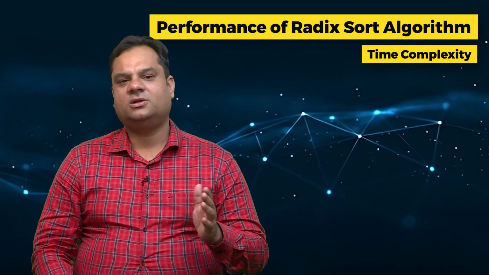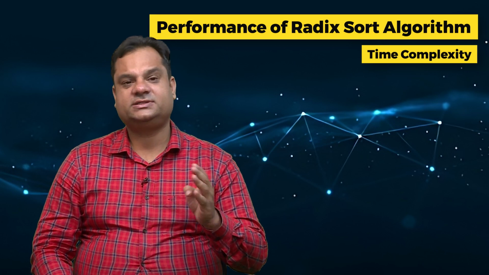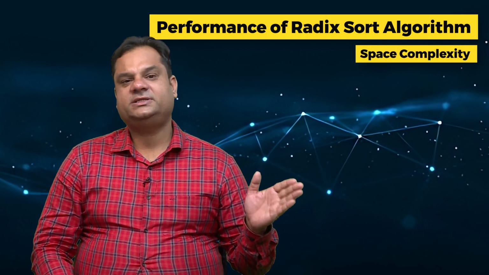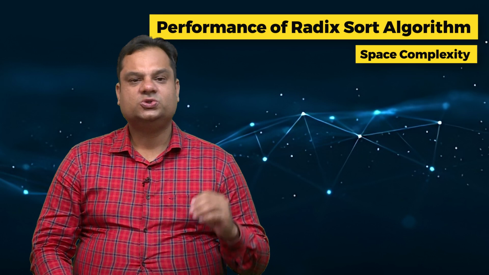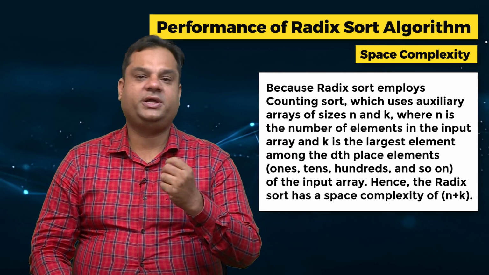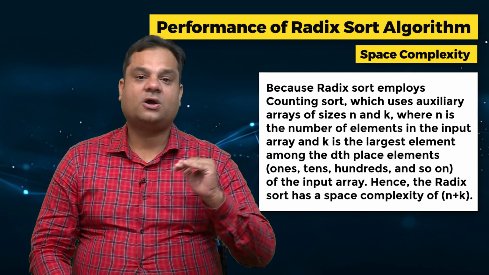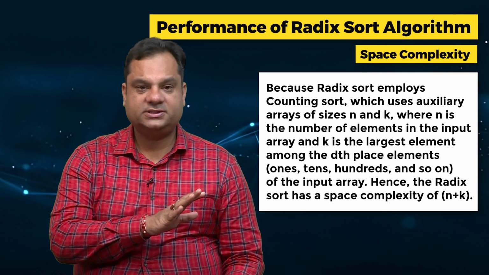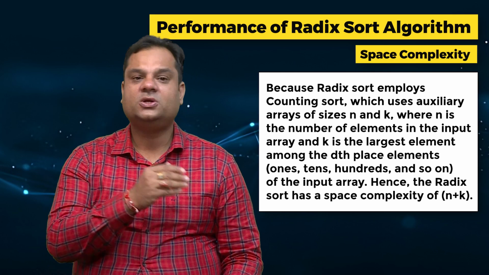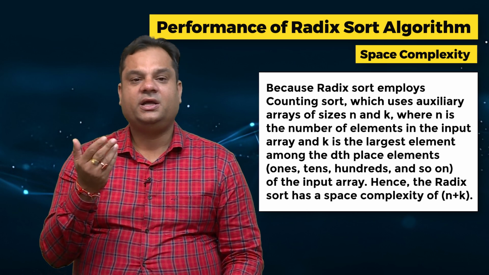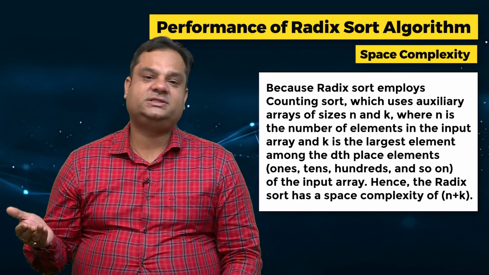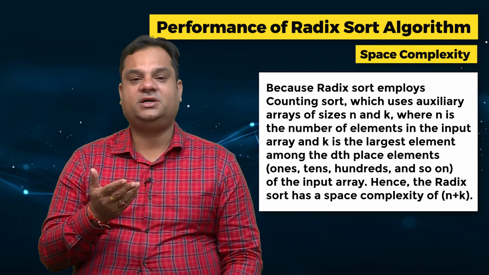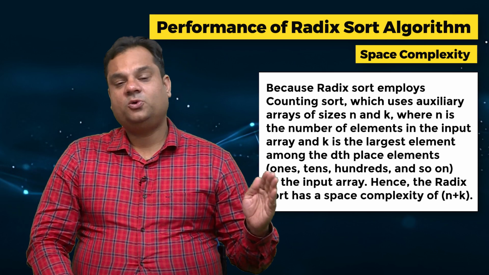I hope you can understand all the time complexity, best case, average case, worst case, based on that particular logic. Now we go for the space complexity of Radix sort. Because Radix sort employs counting sort, which uses an auxiliary array of size n and k, where n is the number of elements, how many numbers you have to insert in that particular memory. n is the number of elements in the input array, and k is the largest element amongst the dth place elements like ones, tens, hundreds, and so on of the input array.